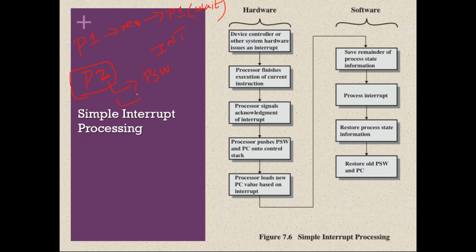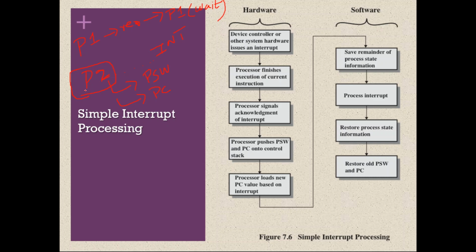And the content of the PC, because until now you were executing P2, so the PC will contain the next instruction of P2 that should be executed. That should be pushed into the stack, because after some time you will resume P2. Resume means you will start executing P2, and then it should start from the instruction following the instruction at which you stopped executing P2.